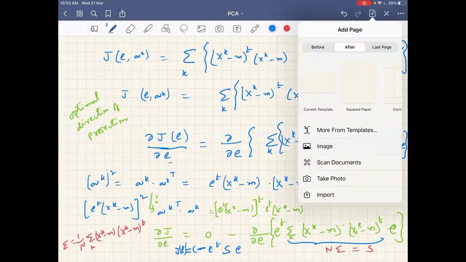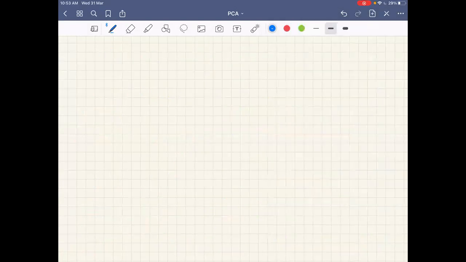Fine. So any questions here? J is essentially proportional to minus E transpose S times E. I am dropping the constant because anyway in differentiation it will go. With this cost function, what should I do?